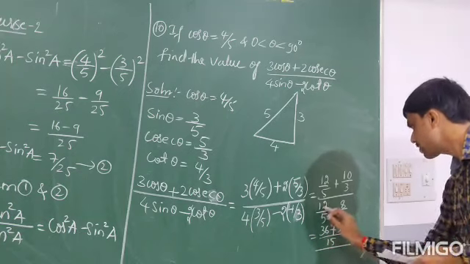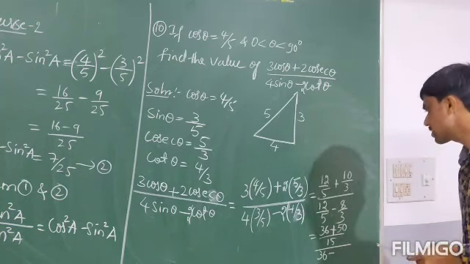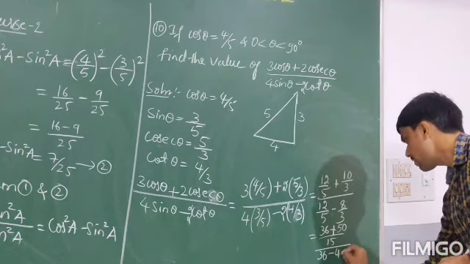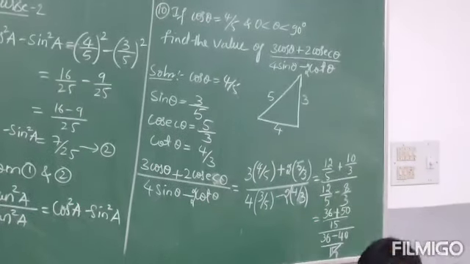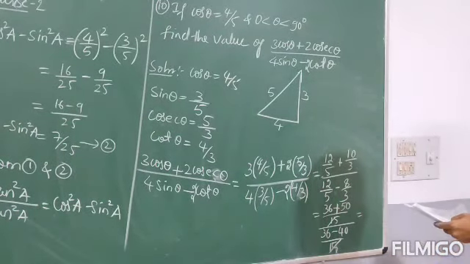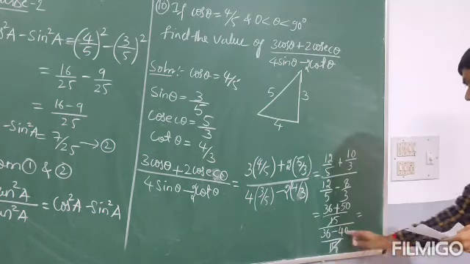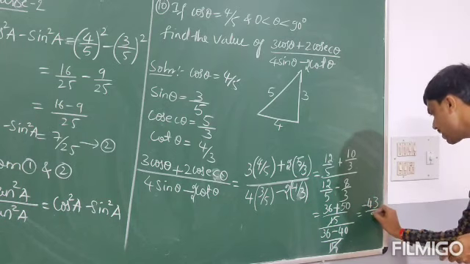Here also, 12 3s are 36, minus 8 5s are 40, divided by 15. So 15 gets cancelled. We get 86 by minus 4. Finally you get minus 43 divided by 2.